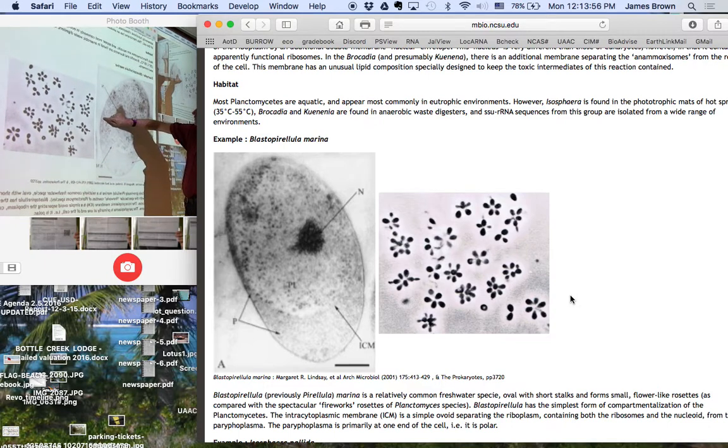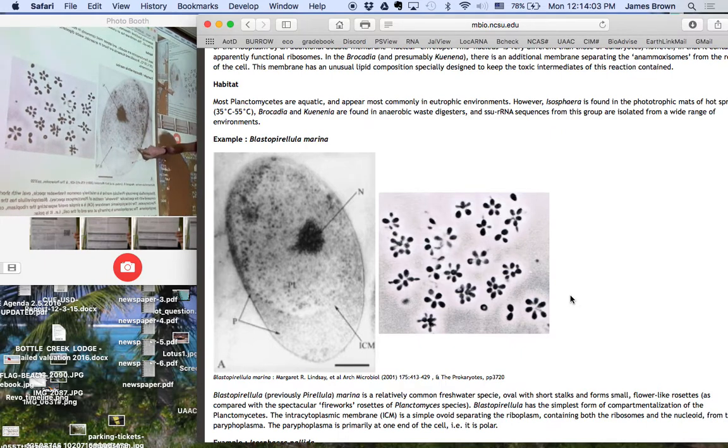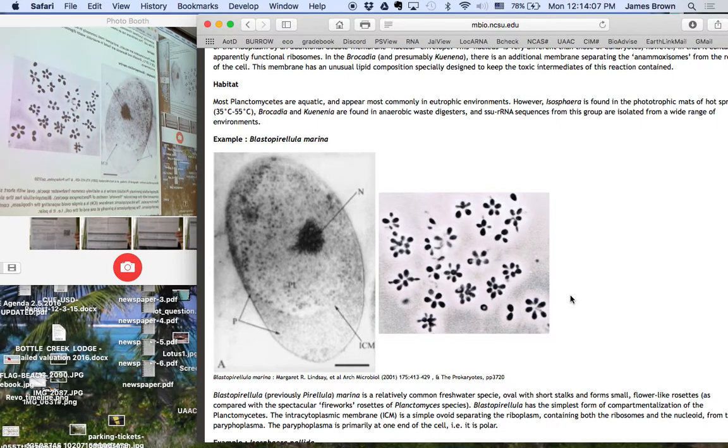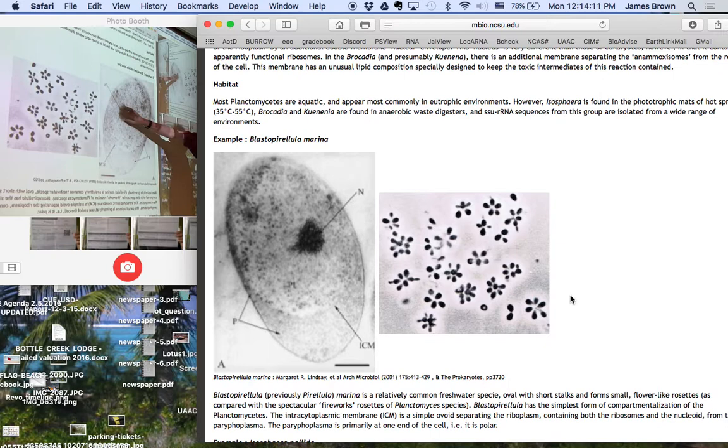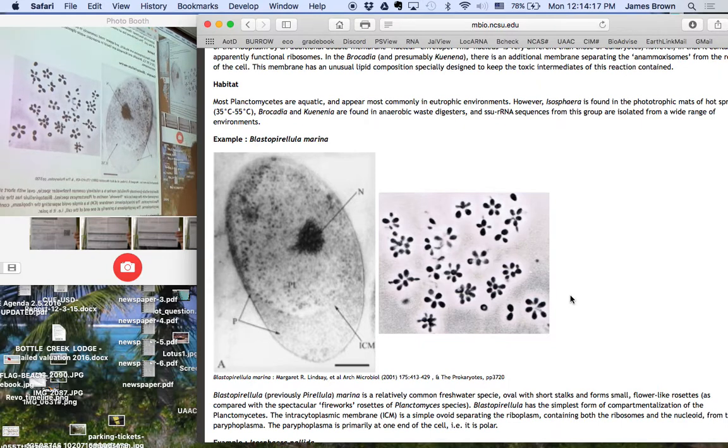It's the light area, and it's covered by this cell wall. There's an internal membrane right here, the internal cell membrane, that separates the cell into two internal compartments. One of those compartments contains the nucleoid and the ribosomes, and the other contains who knows what.